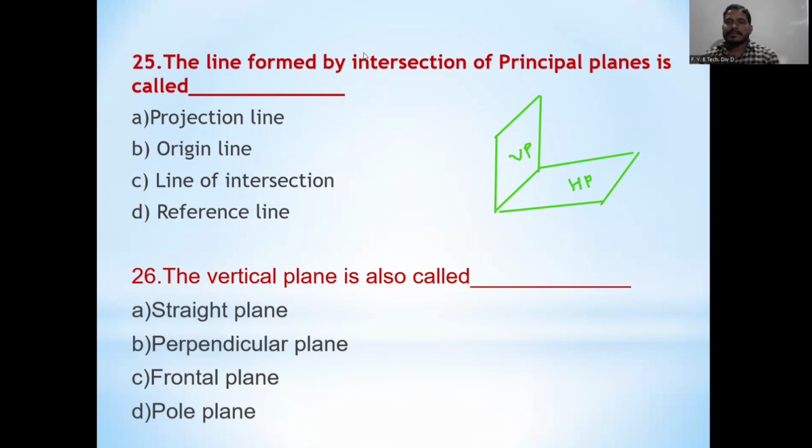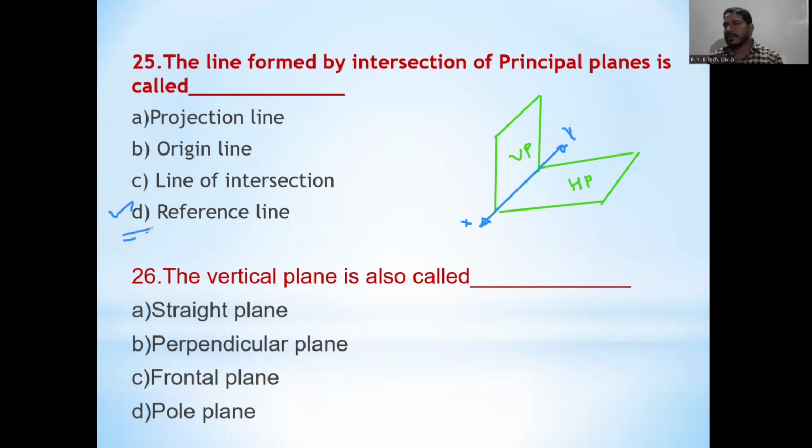Note the statement: the line formed by the intersection of the principal planes is called. So which is that line? This is the VP and HP, these are the principal planes, and this is the line of intersection of these two planes. In the solution of problems we use this line, and we call it a reference line.